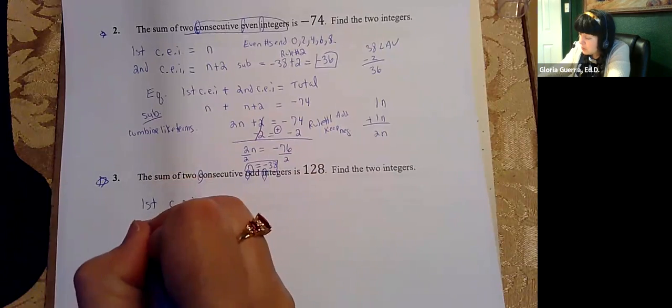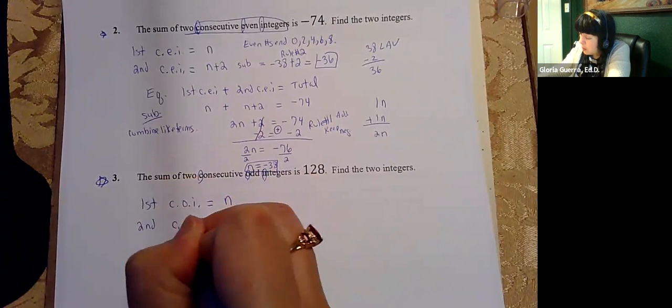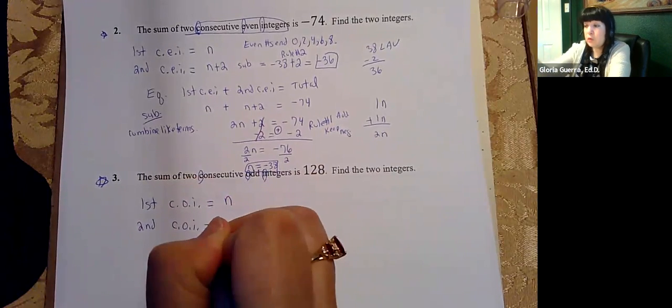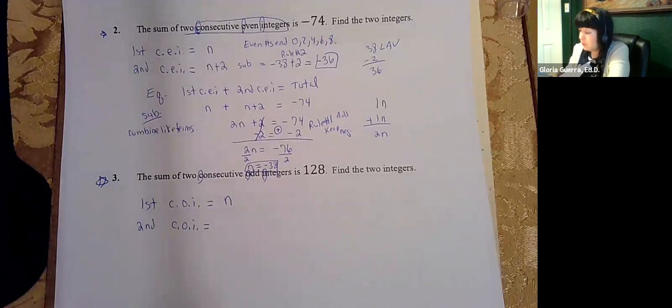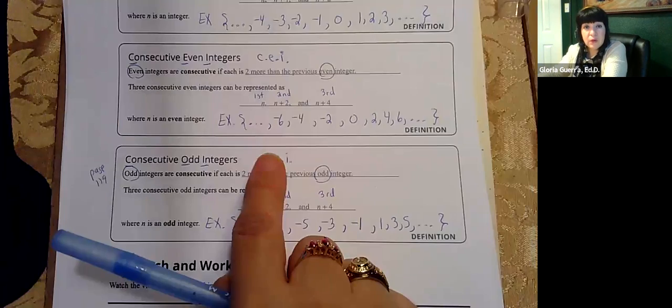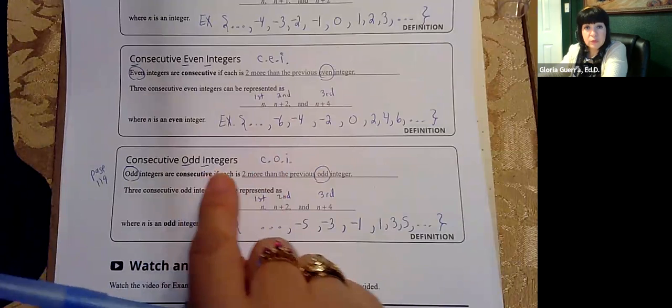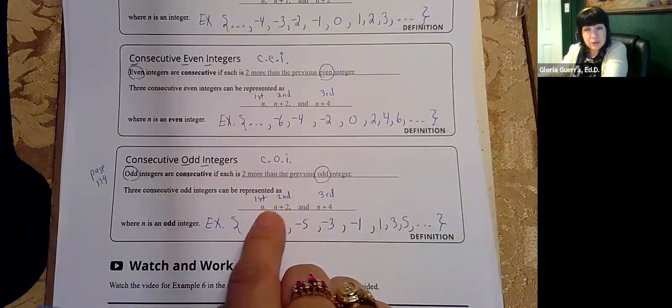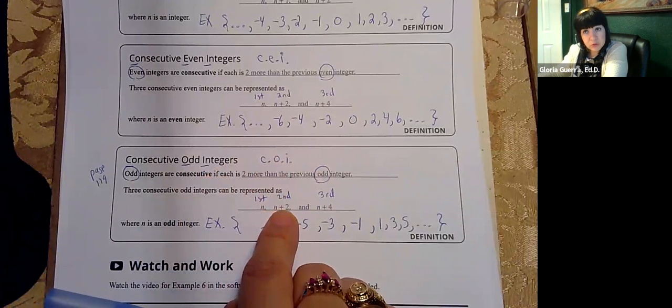And then your second consecutive odd integer, go to your vocabulary. You're going to have the sheet out when you take your test. COI, that's down here, consecutive odd integers. First one is n, and then look, the second one is n plus 2.